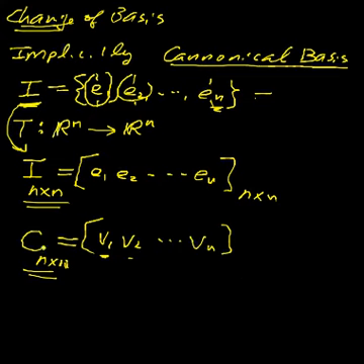So C is the new change of basis matrix. C is called the change of basis matrix because it's a matrix consisting of those vectors v1, v2, through vn.